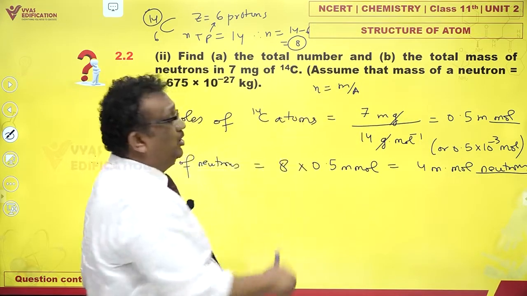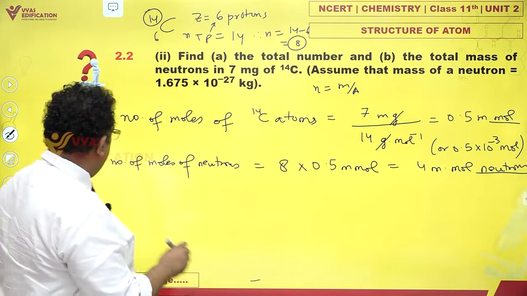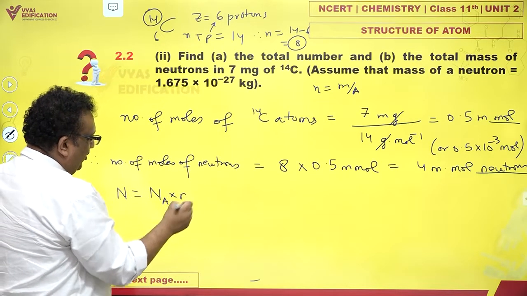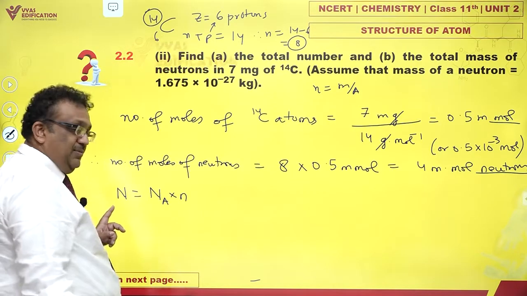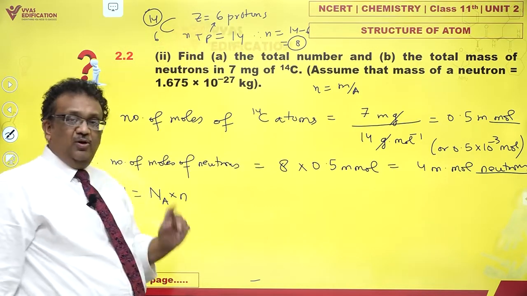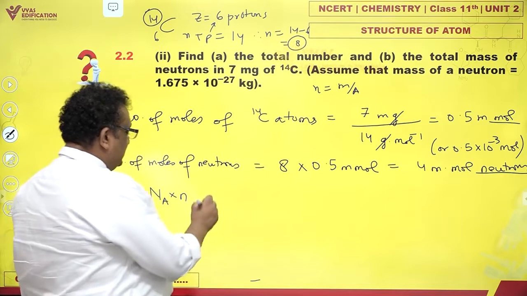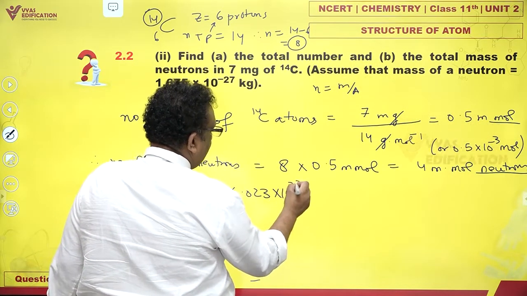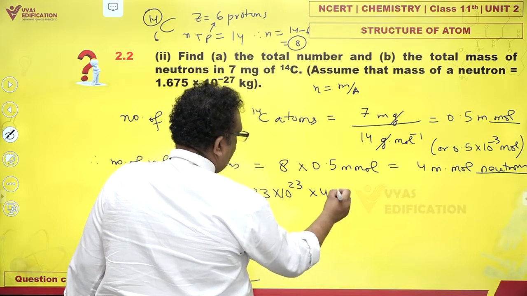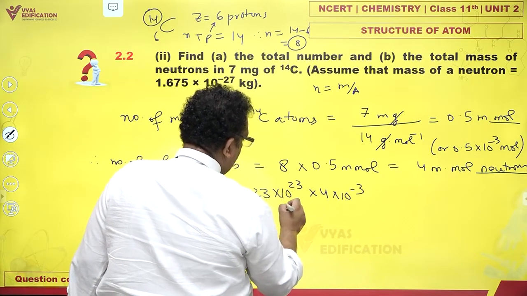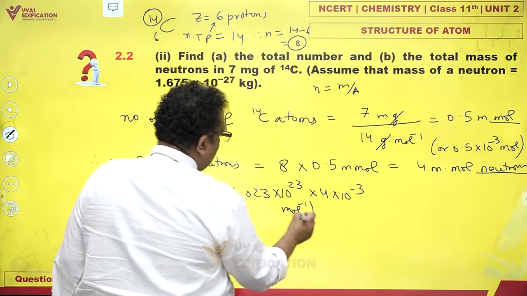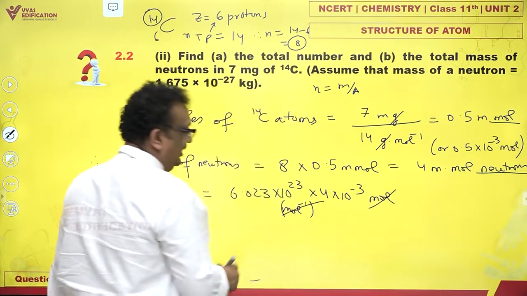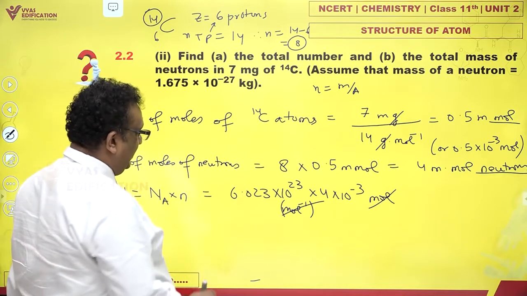But they want not the moles but the number, and I use the formula N is Avogadro's number into number of moles. Number of atoms or molecules is Avogadro's number into number of moles of that substance. Avogadro's number has a unit per mole, and this becomes mole. They can cancel away.